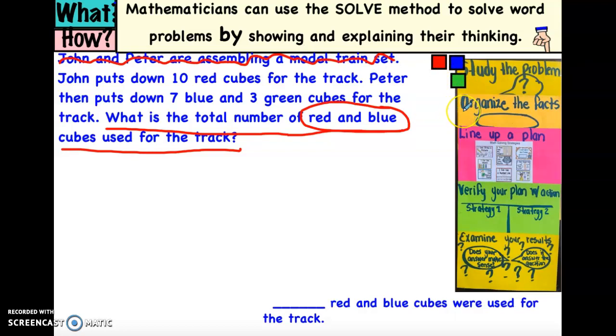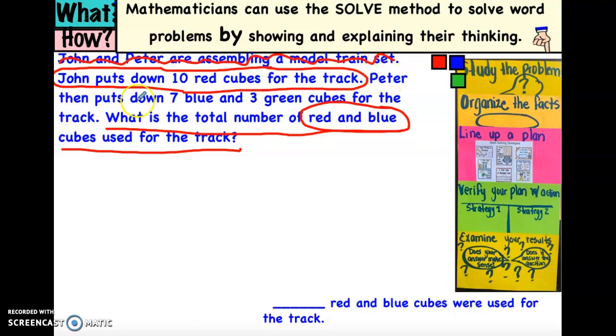So let's continue organizing our facts. John puts down 10 red cubes for the track. Do you think that's necessary in order to solve the problem? I think it is. So we're going to circle it. Remember, we're going to circle all important facts.